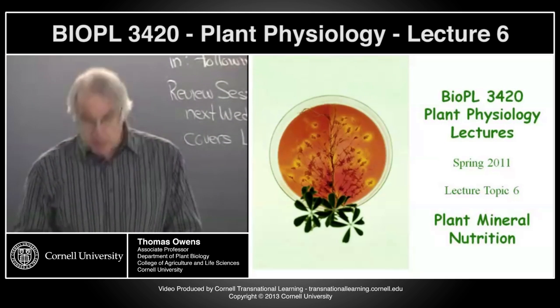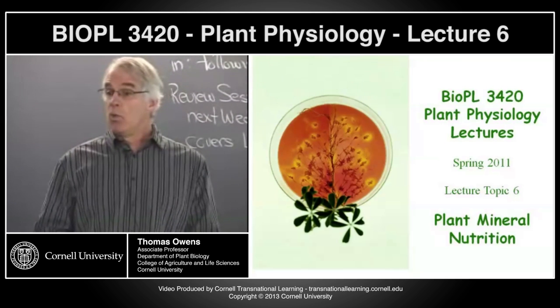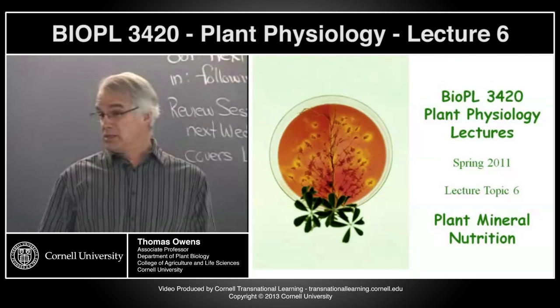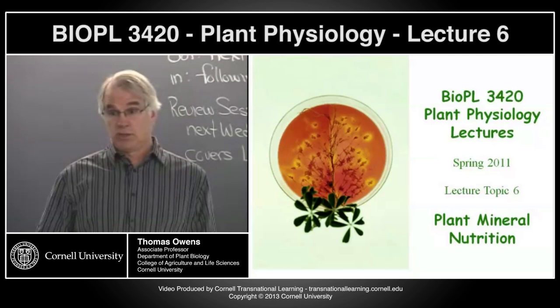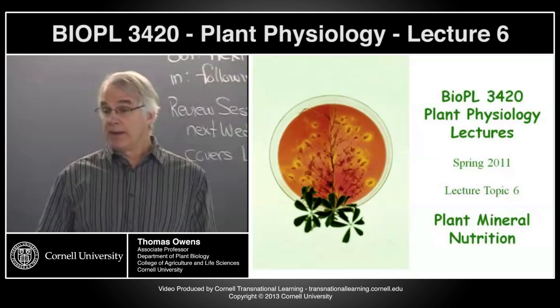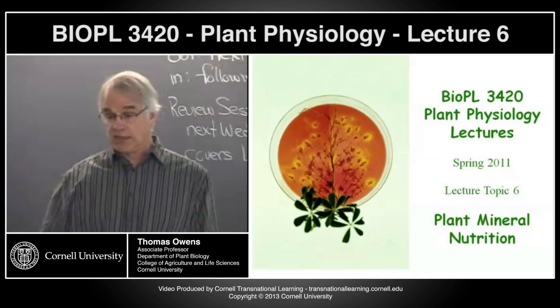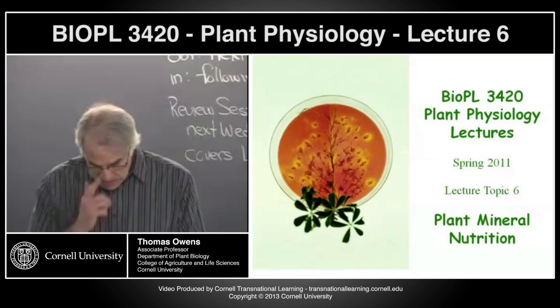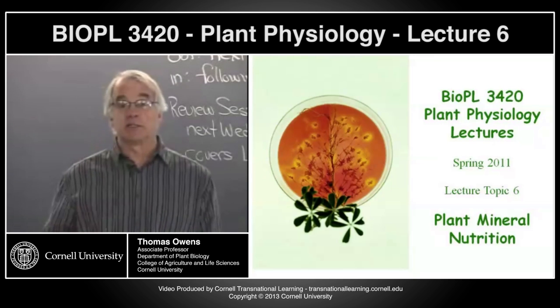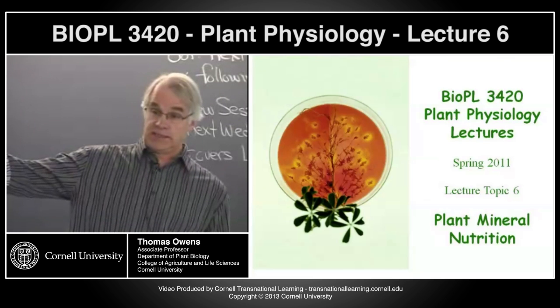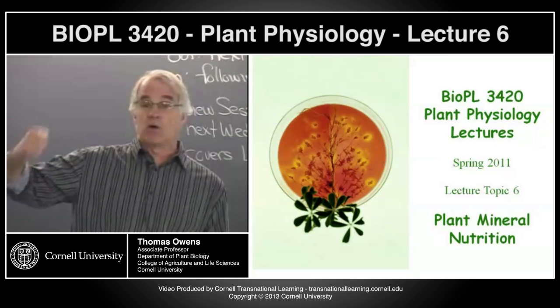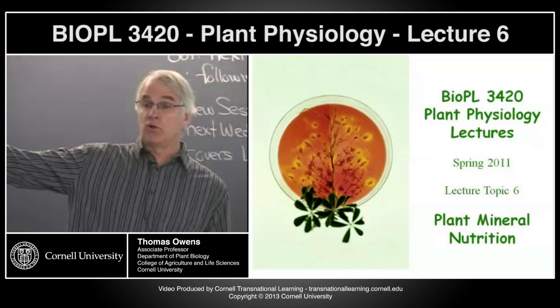So we're going to talk today primarily about what's required and how we study what's required in plants. And in the lecture next Tuesday, we'll talk about the uptake mechanisms, how ions are actually taken up into cells. And later on in the semester, once we get those inorganic ions into a cell, how are they then incorporated into organic material?